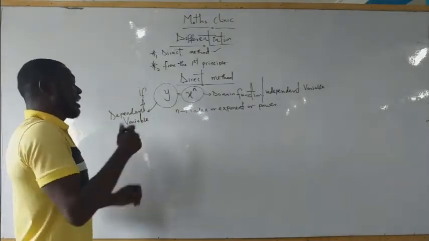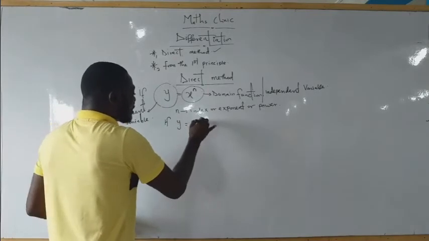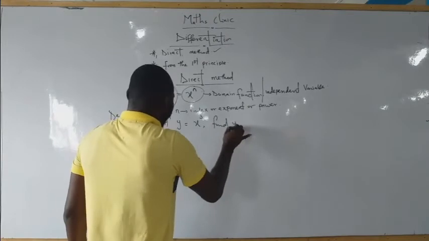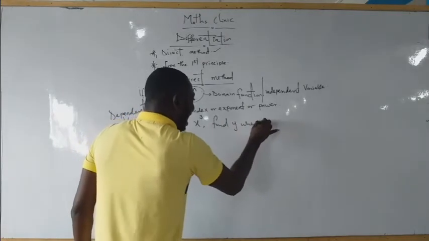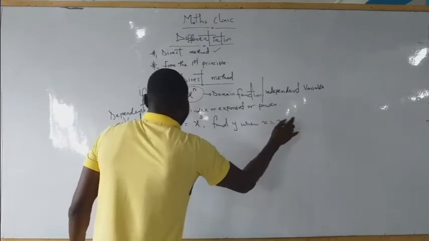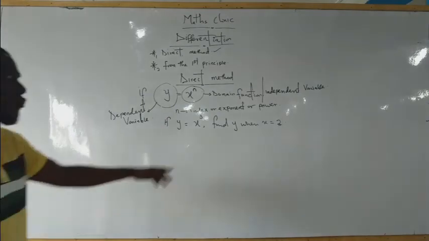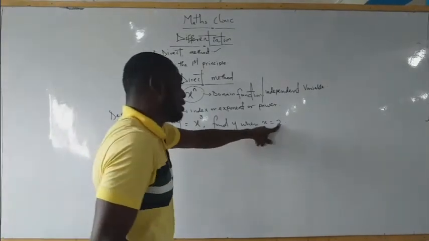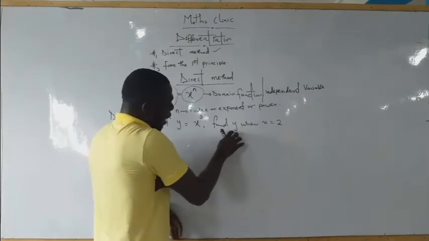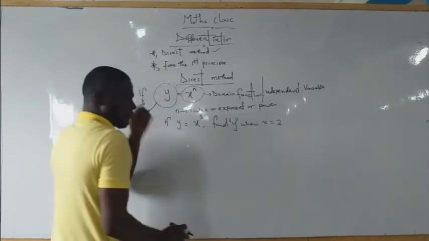Let's say, for instance, y equals x raised to power 3. Find the value of y when x equals 2. In this case, y depends on the value of x.